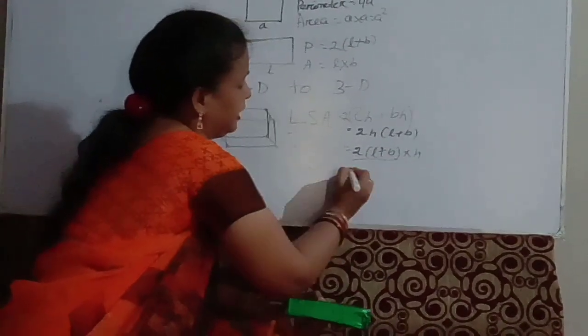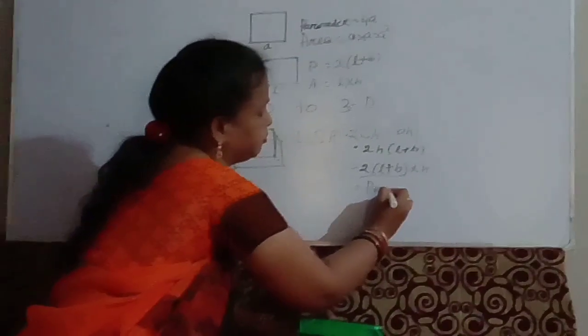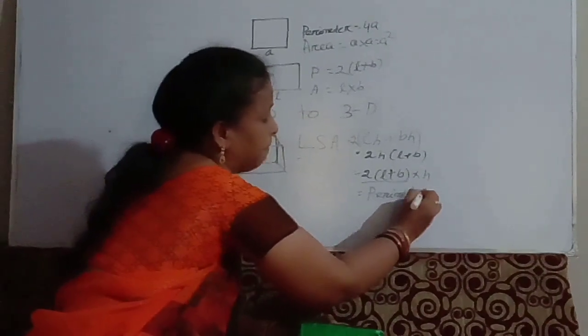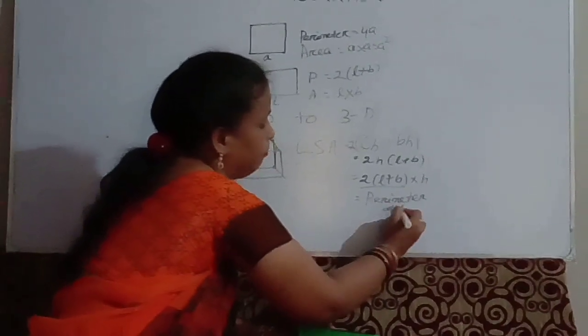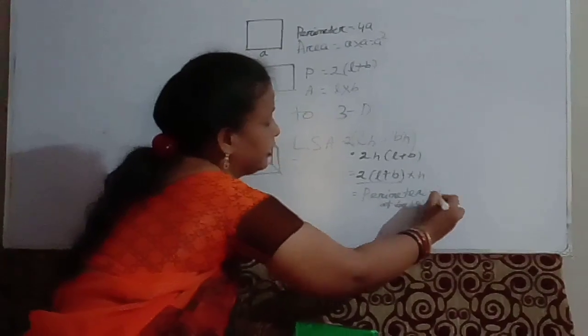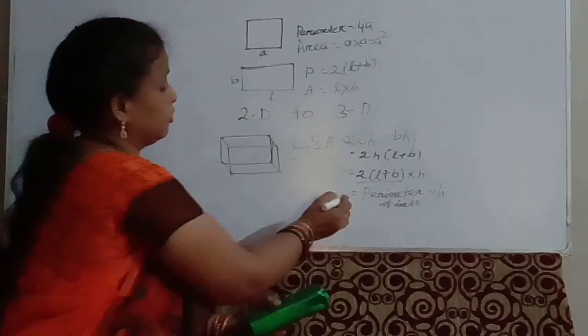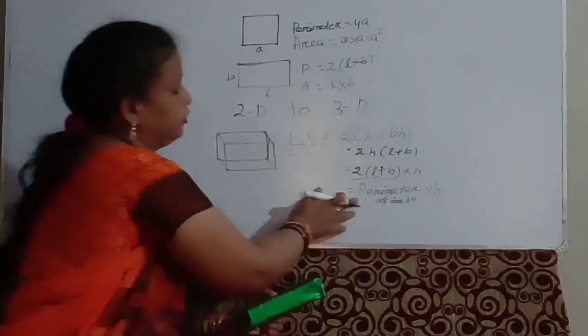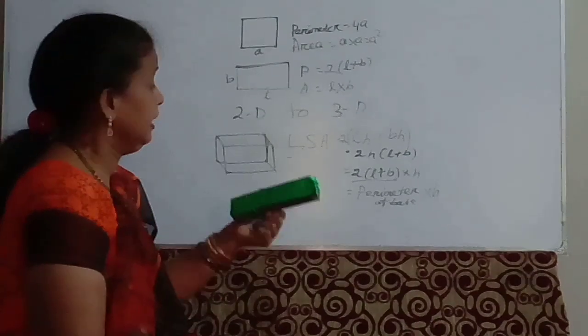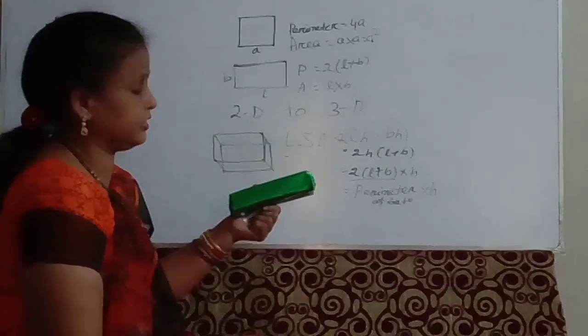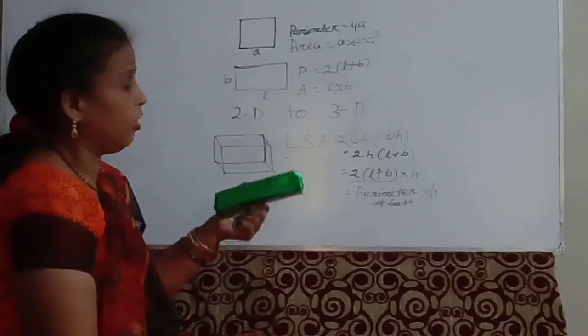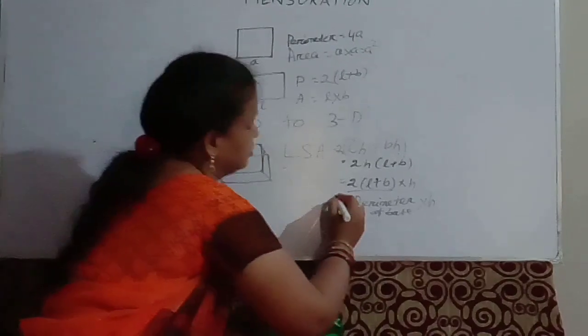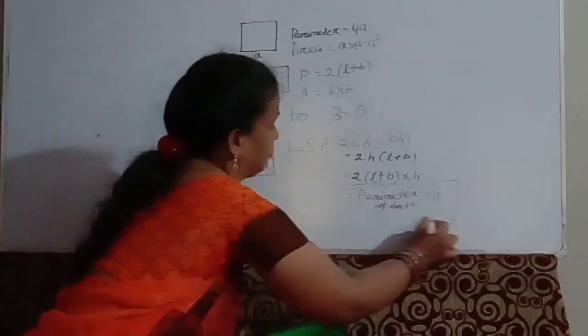Whereas 2 into L plus B is the perimeter of the base. This is the main thing: perimeter of base multiplied with height. This is the basic formula you can use in every solid shape, whether it is a cube, cuboid or cylinder. This is very important.